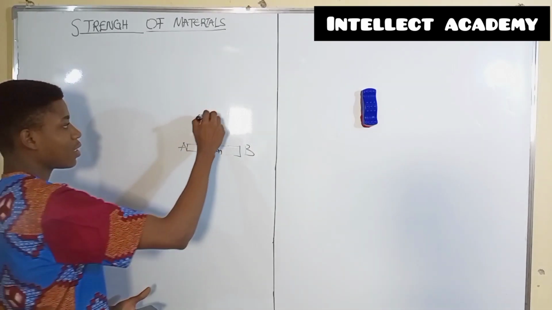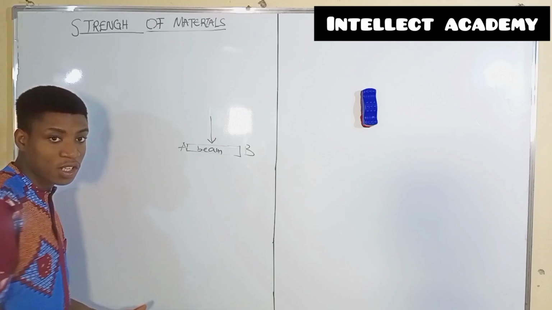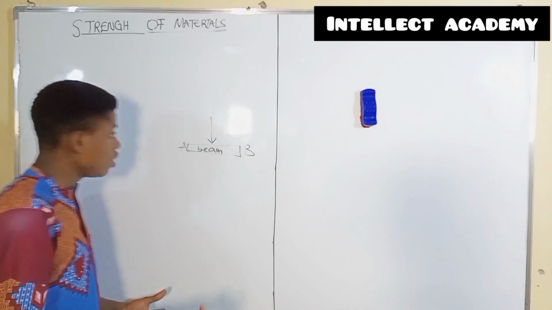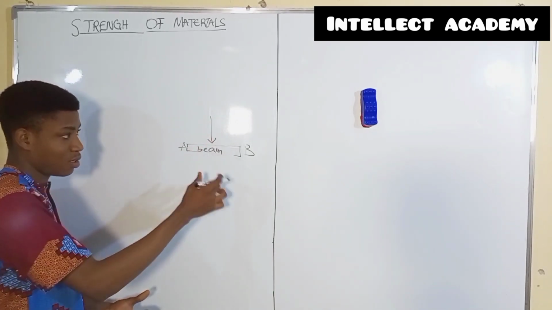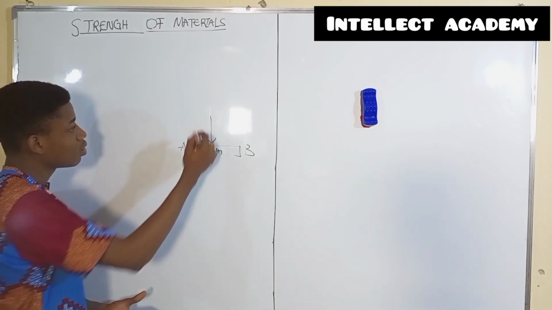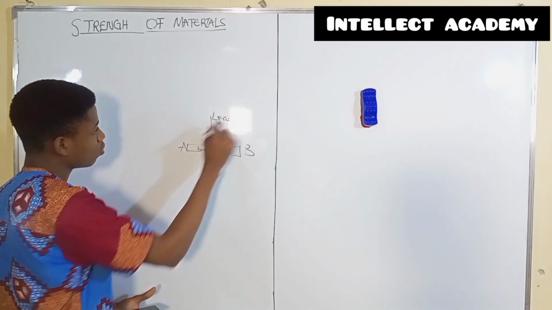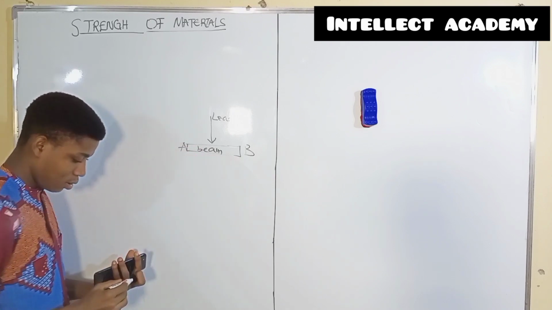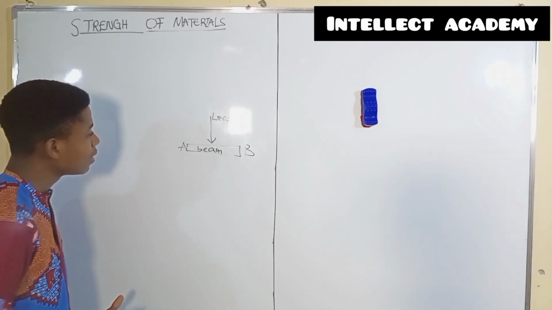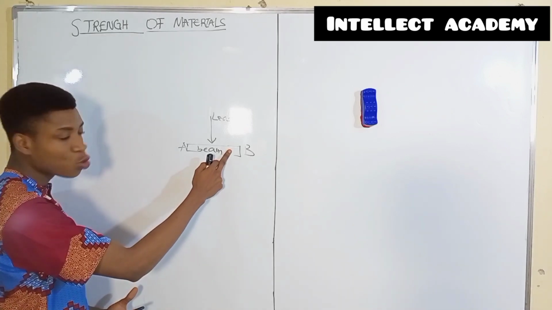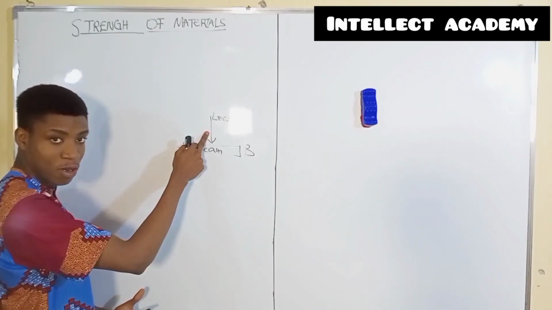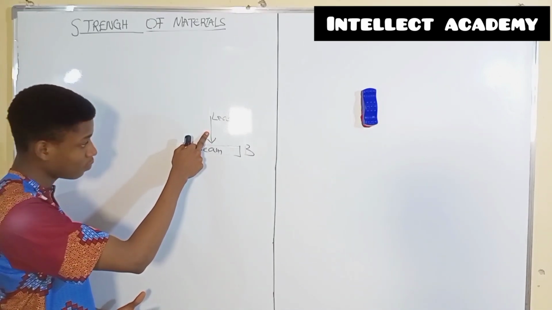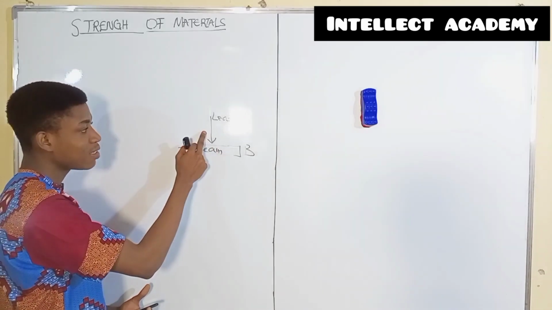Now, when an external load or force, or also stress or moment, any external influence is external. So let's call this an external load. So an external load is acted upon this beam. Strength of material is telling you that the ability of this material to withstand this load, or external force, or stress, the ability to withstand this.